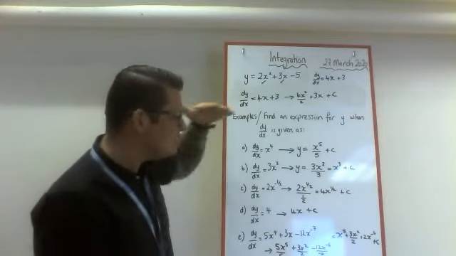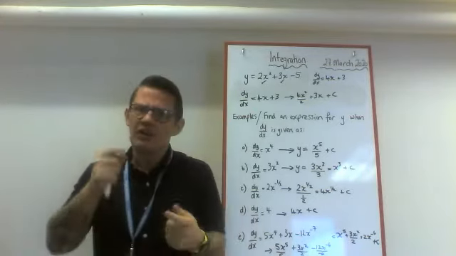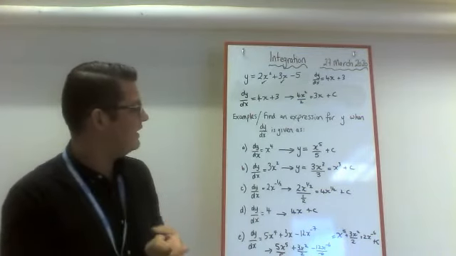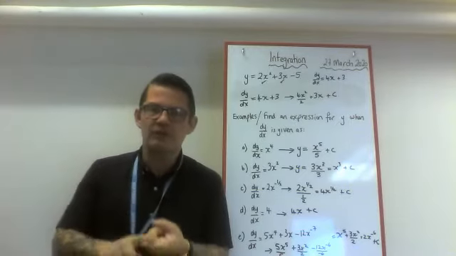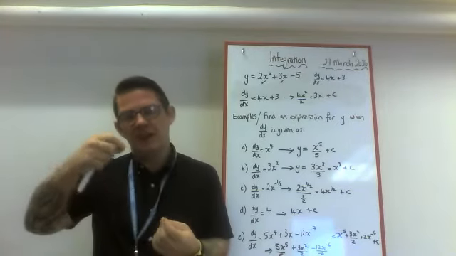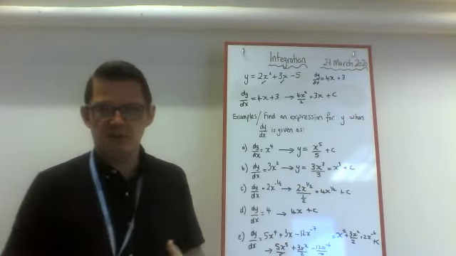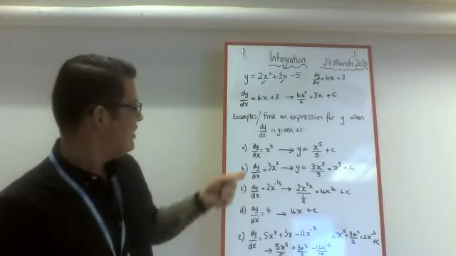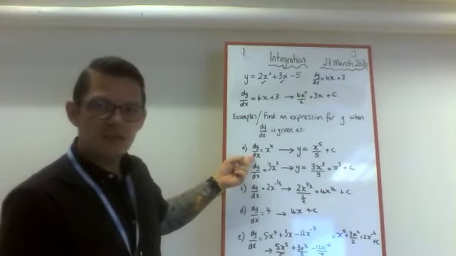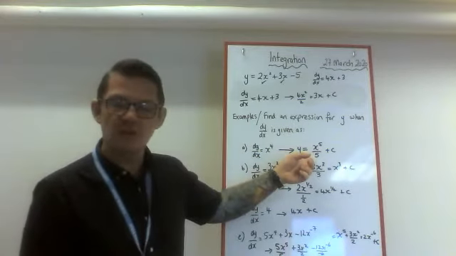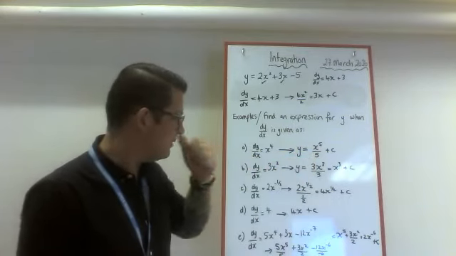So all you need to remember when you are integrating, let's go through the key points here. When you're integrating, integration is the reverse of differentiation. Instead of starting at your function and then differentiating to get the gradient function, the function that tells you the gradient of the curve at different points, our starting point is this dy by dx gradient function equals, and we're going back to the original function, the original polynomial curve.